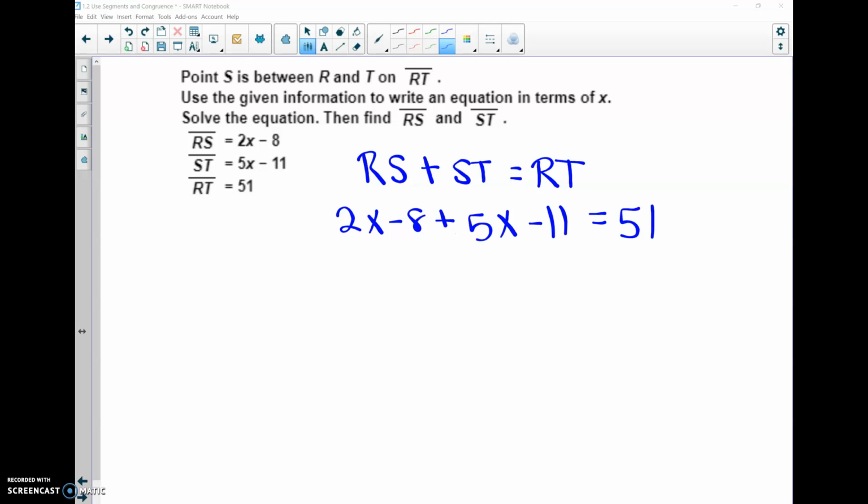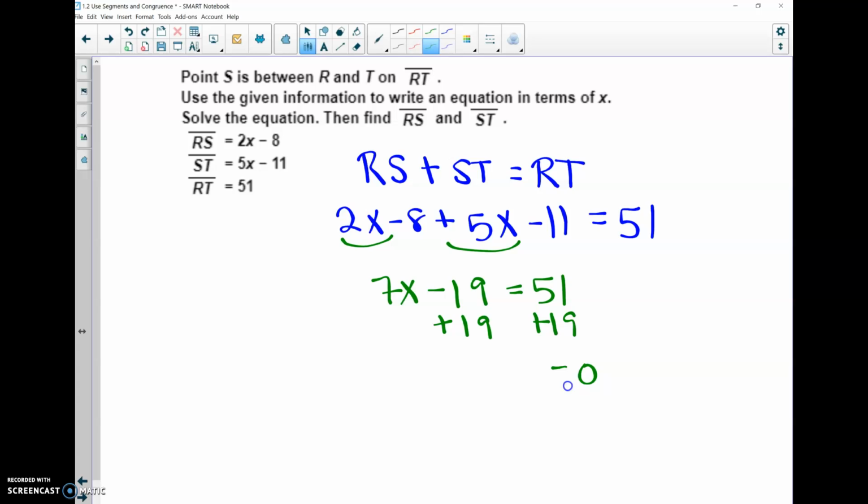This is what your equation should look like to write your equation in terms of X. And now we are going to solve our equation for X. So, combining like terms, x plus 5x, negative 8 minus 11, negative 19, equals 51. Add 19 to both sides. 70 equals 7x. Divide both sides by 7. X equals 10.